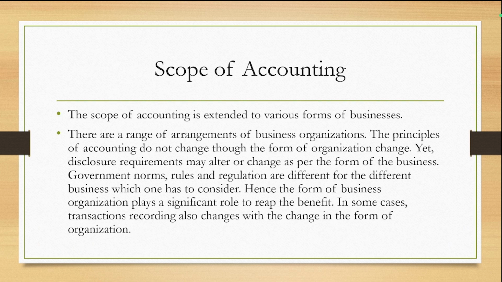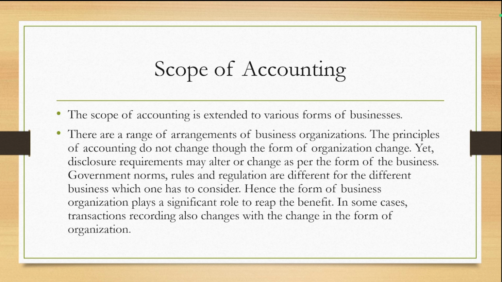Now, let's discuss the scope of accounting. The scope of accounting is extended to various forms of business. There are a range of arrangements of business organizations. The principles of accounting do not change, though the form of organization changes, yet disclosure requirements may alter as per the form of business.